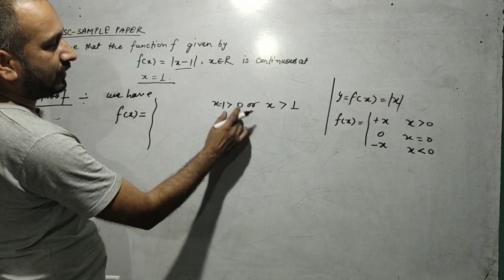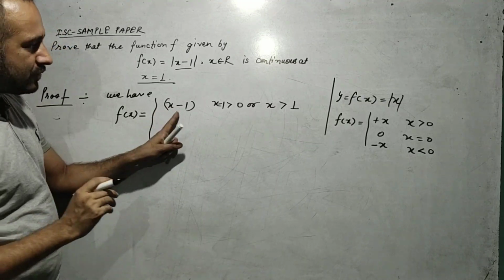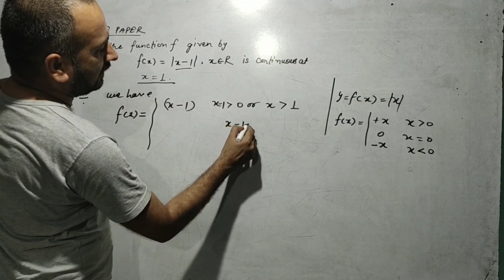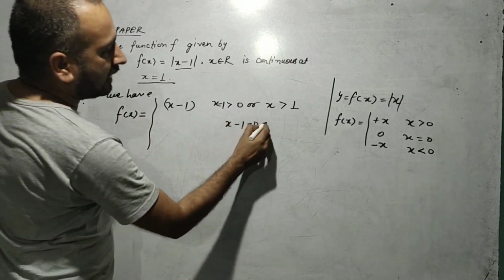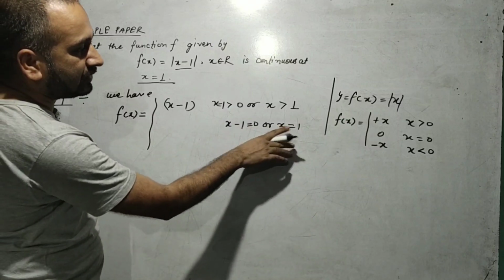When x is greater than 1, x − 1 will be positive. The next case is x − 1 = 0, or we can write x = 1, after transposition of 1.